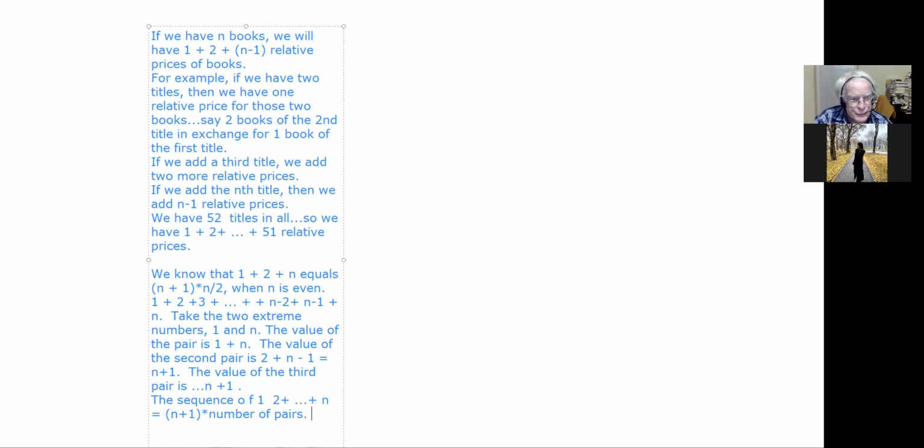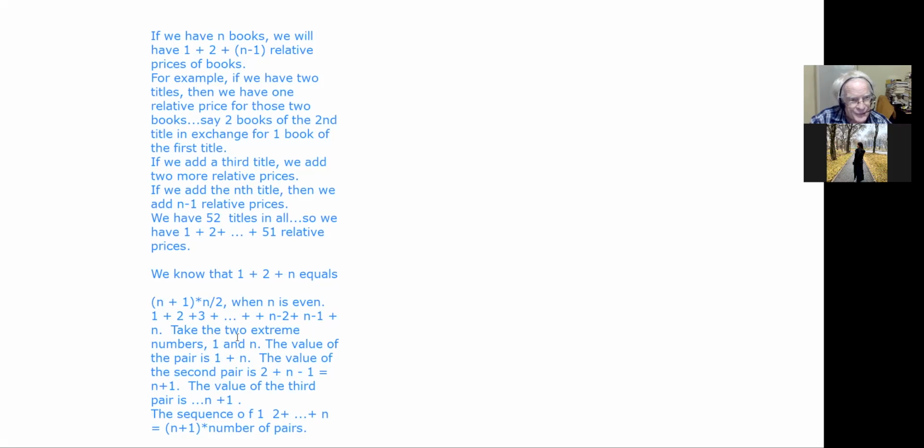And how many pairs do we have in the sequence of 1 to n? We have n numbers, and we pair off all the n numbers. So the number of pairs is just n divided by 2.